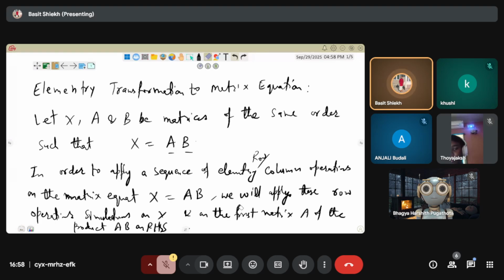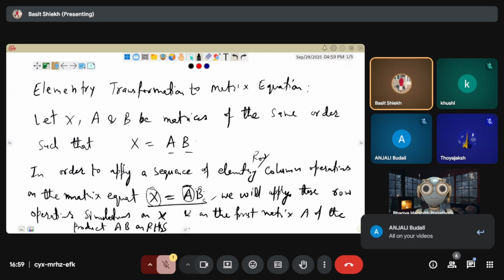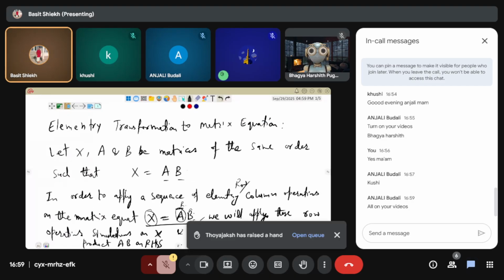We apply these row operations simultaneously on X. If we apply row transformation on this matrix, we will apply it here on the RHS, where there will be A into B. We will apply row operations on the A matrix and here also on X. And if we want to apply column operations, then we will apply them on B. Whenever we are applying row transformation, we apply it on the product's left matrix, which is first.